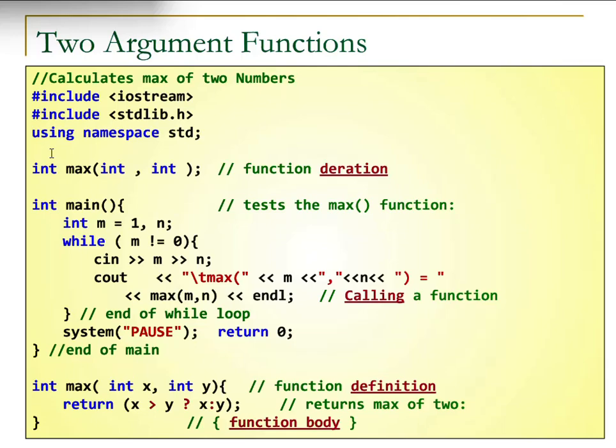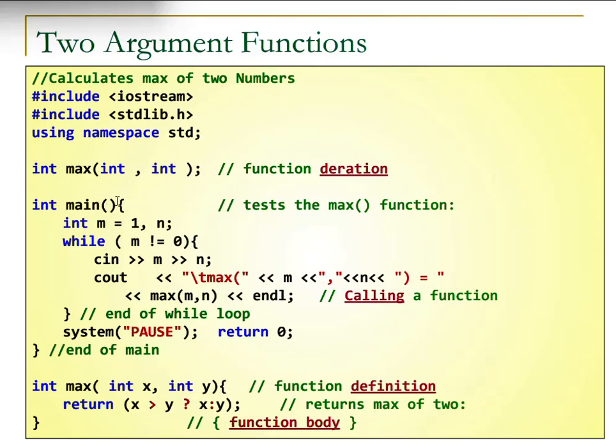Here you can see that this function declaration tells the program that this function exists. Then comes the main function.